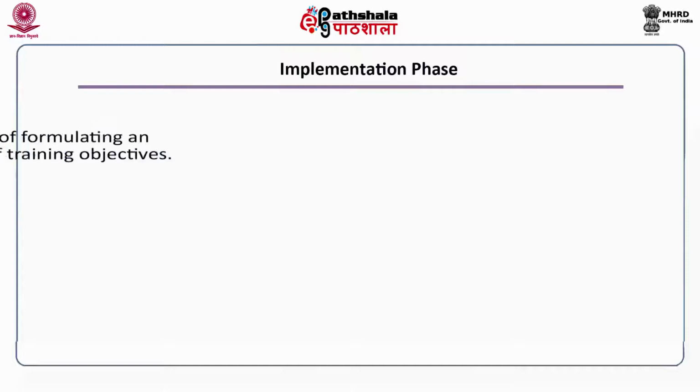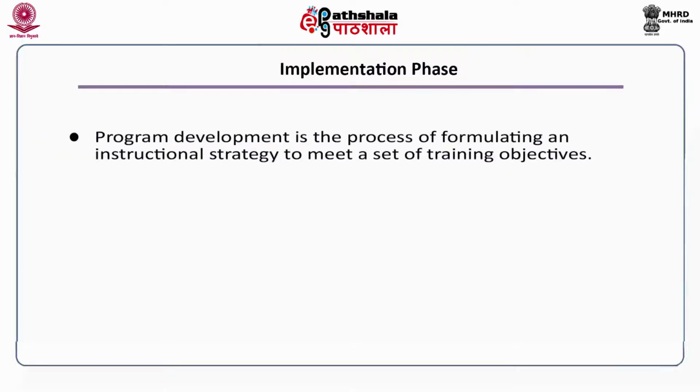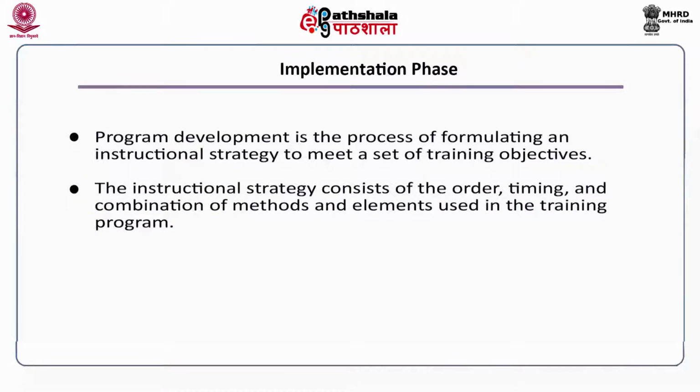Implementation phase. Program development is the process of formulating an instructional strategy to meet a set of training objectives. The instructional strategy consists of the order, timing and combination of methods and elements used in the training program.